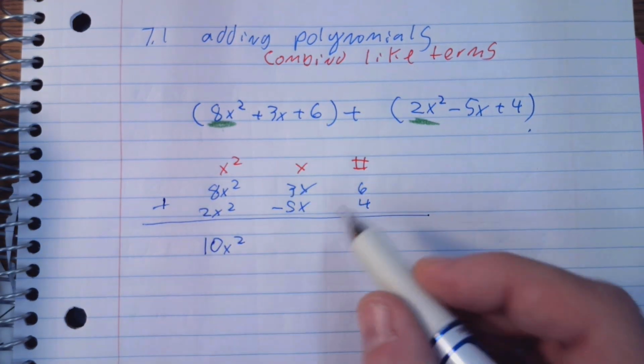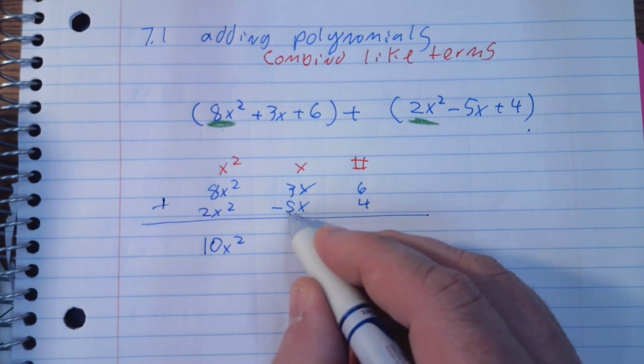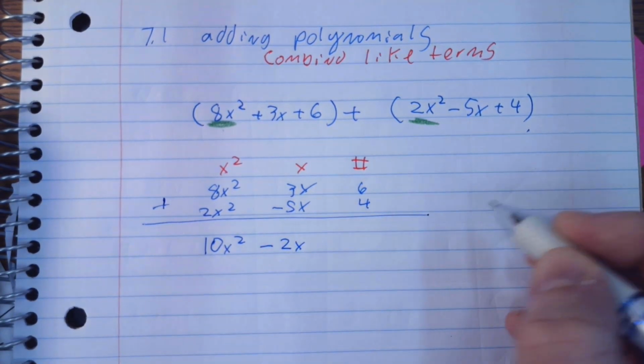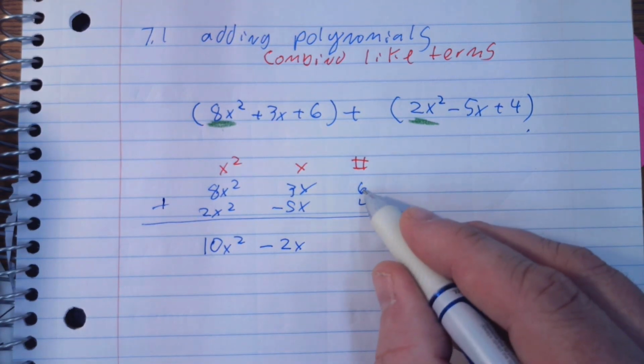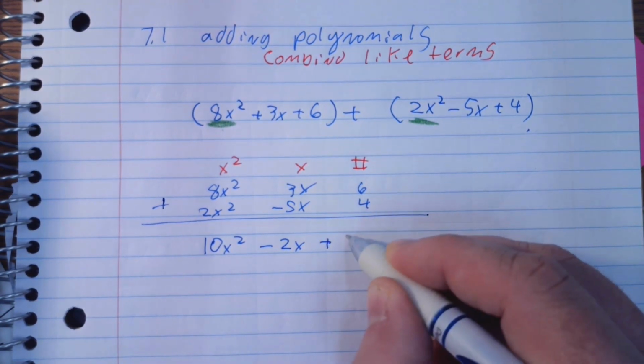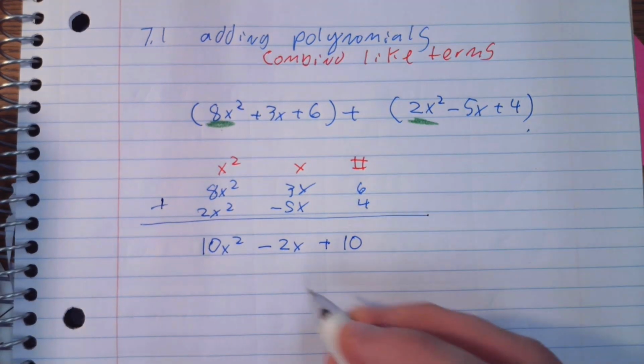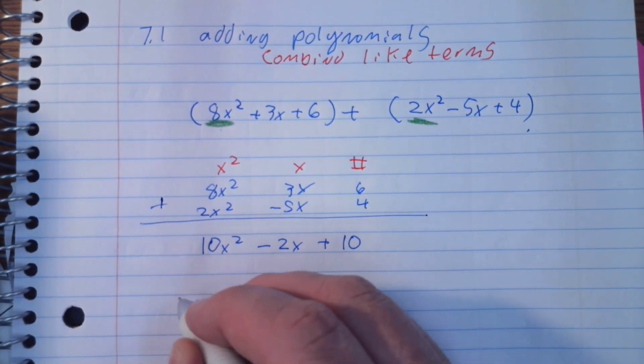You just add the number in front. 3 plus a negative 5 would be a, okay. 6 plus 4 would be, okay, that's not too bad. I probably didn't need any help organizing this one. Okay, so the next one will be bad, that we might need help organizing.